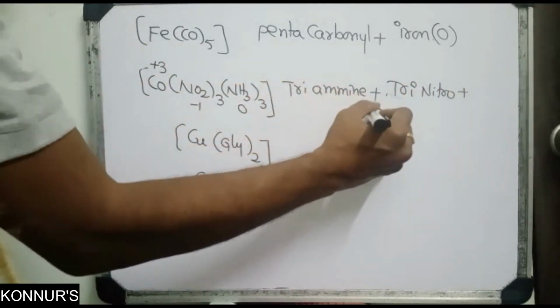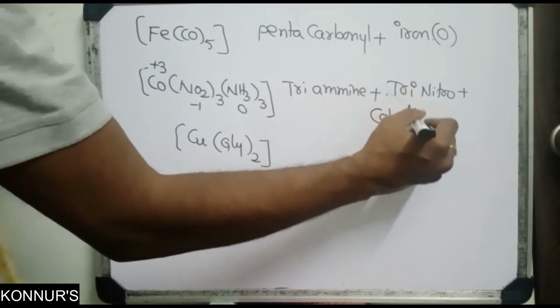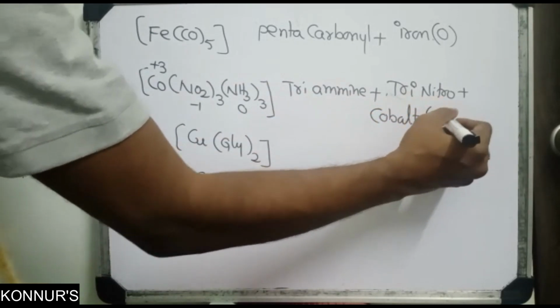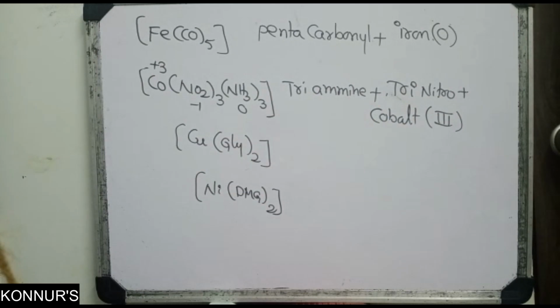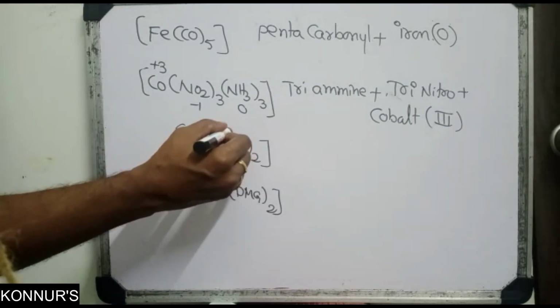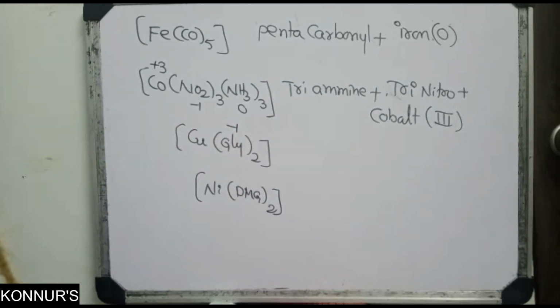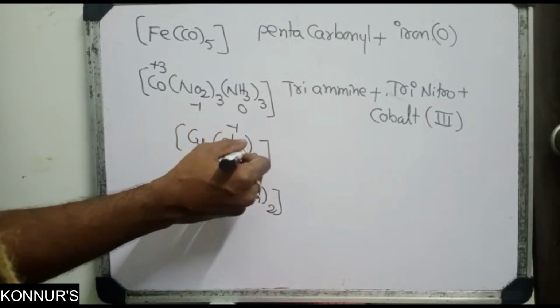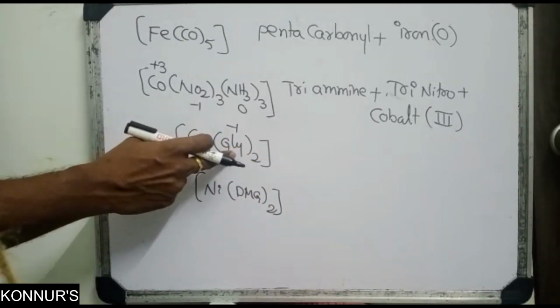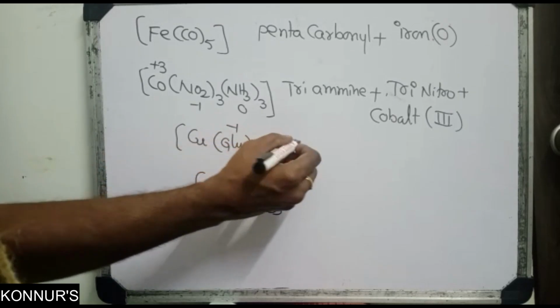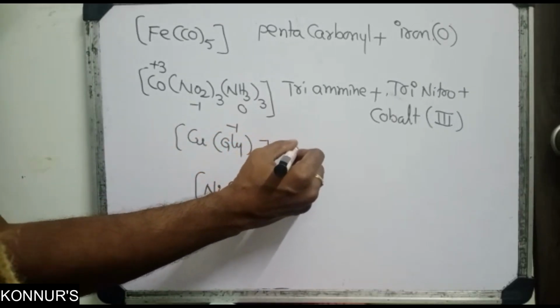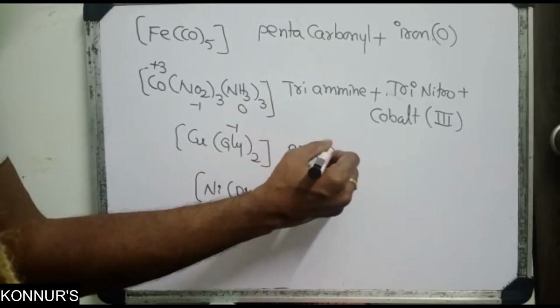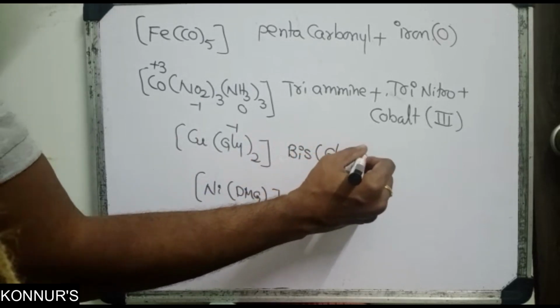Next, cobalt. Oxidation state is 3. Next, glycinato. Glycinato is minus 1. So this is a bidentate ligand. Bidentate ligand, more than 1 is there. So that's why bis glycinato.